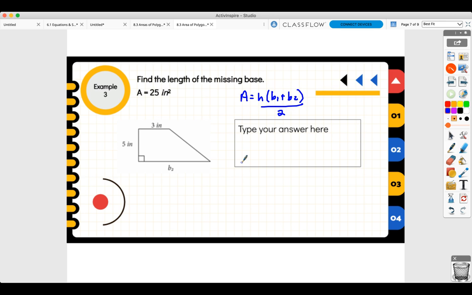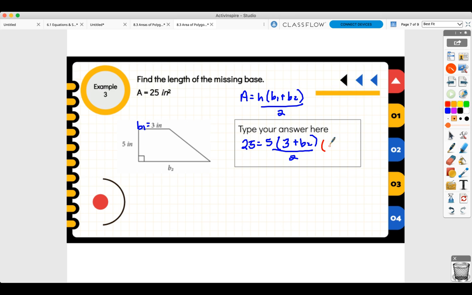The more you write it, the more you're going to remember. 25 is equal to, height is 5. Base 1, we're going to put this as base 1, and this as base 2. So base 1 is 3. Base 2 is what we're trying to find, all divided by 2.